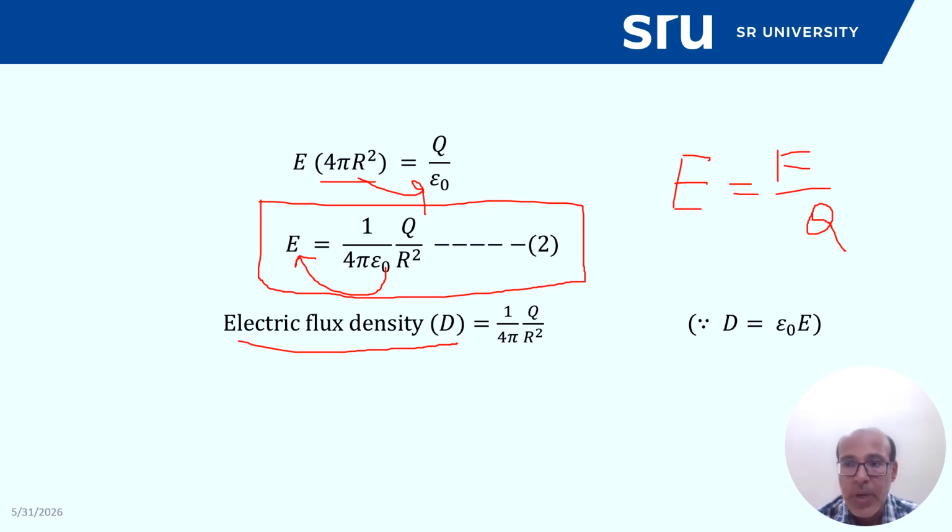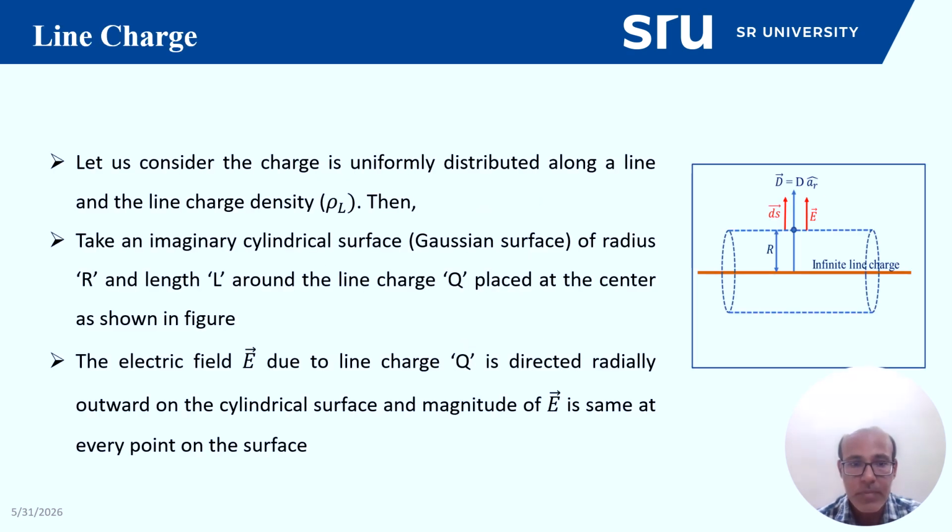Then we tried to calculate the integral ds, the total surface area of the spherical Gaussian surface that we have considered, and that has led to the expression for electric field intensity. There will be more complex scenarios, but this is the simplest case of all.